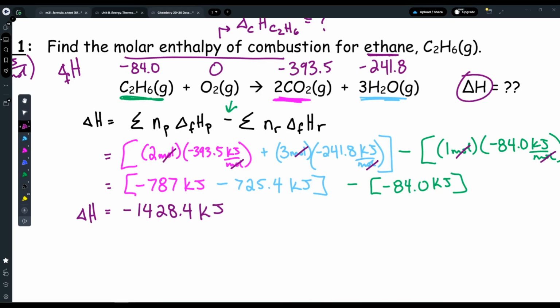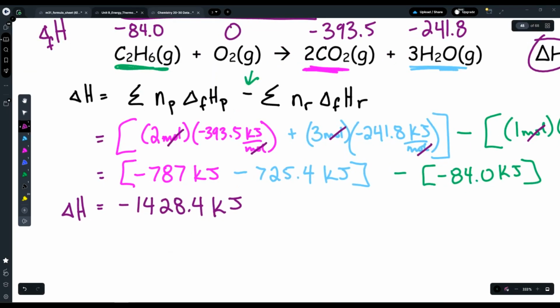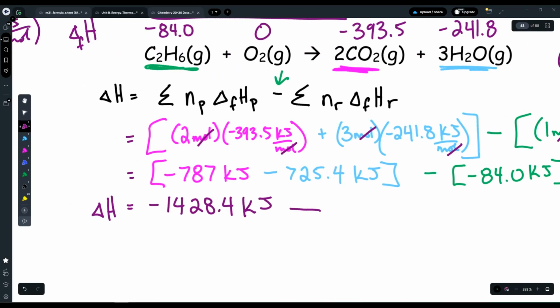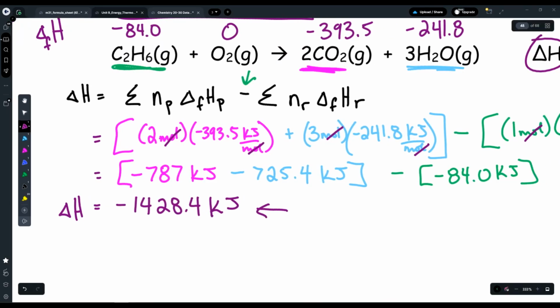Okay, so now that we have change in enthalpy, remember that this number represents the energy given off by this reaction. So it represents the whole reaction. It does not talk about a specific substance.